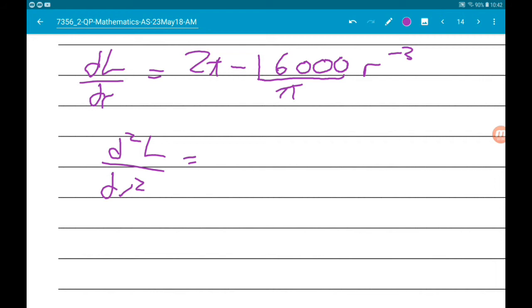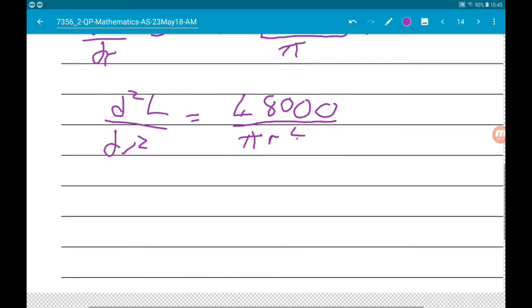Now our power of minus 3 comes down and multiplies the minus 16,000. So we get positive 48,000 over pi times r to the minus 4, or stick the r to the 4 on the bottom.